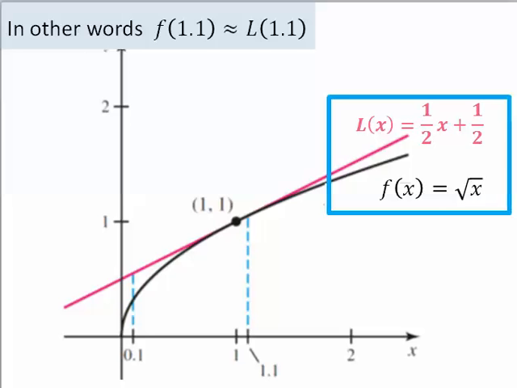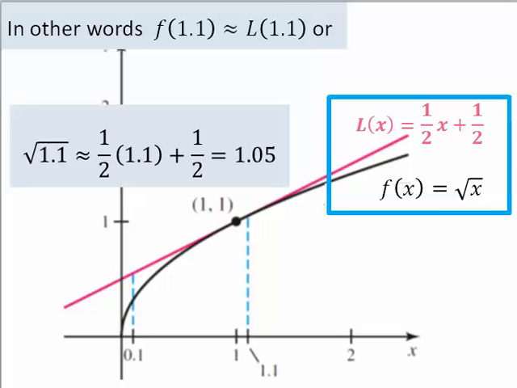Square root of 1.1 is approximately equal to the linear approximation at 1.1. But the linear approximation at 1.1 is just 1/2 of 1.1 plus 1/2, or 1.05.